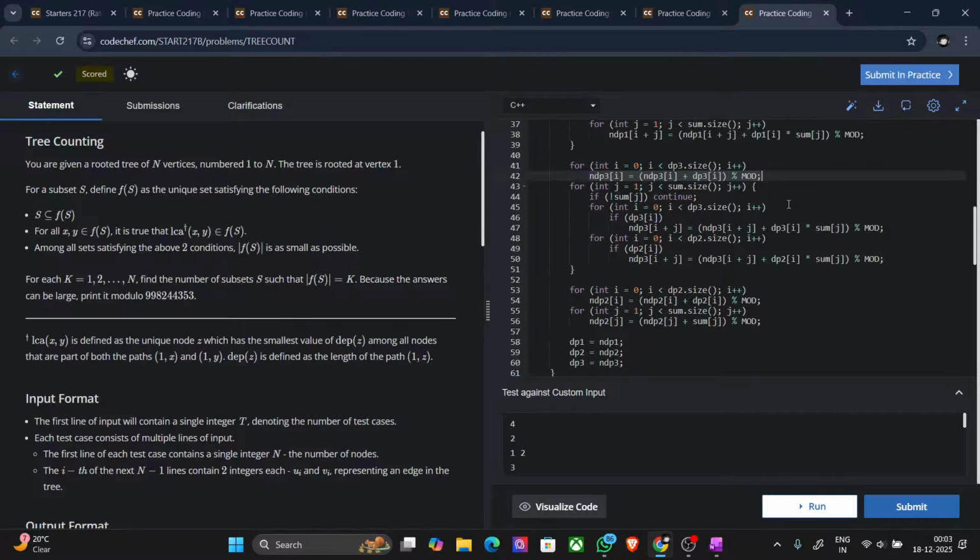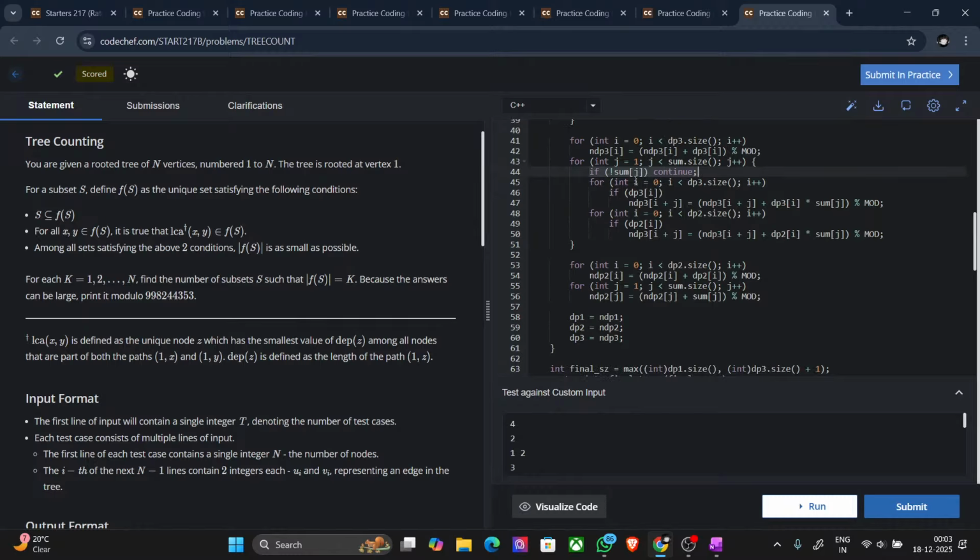then again add the subtree size to the ndp, updating the ndp every single time. Then I've iterated over the size of this subtree. If it is not present, it is a leaf, so I can just continue.